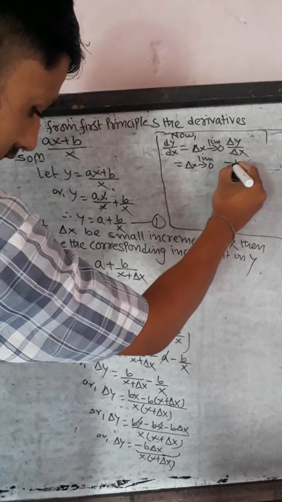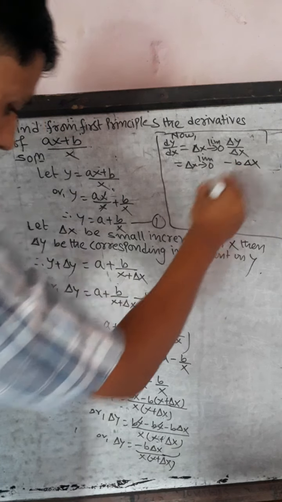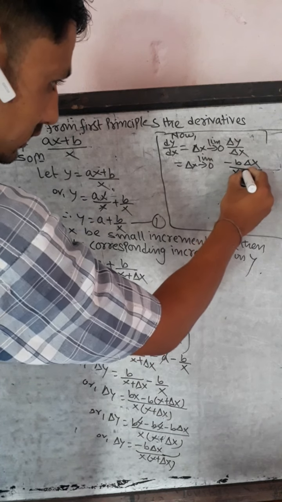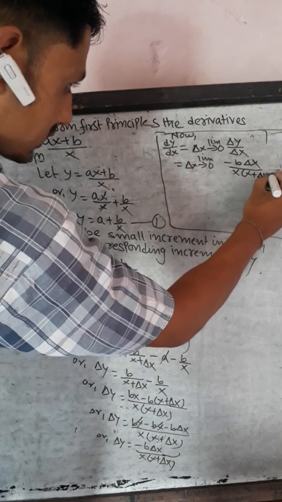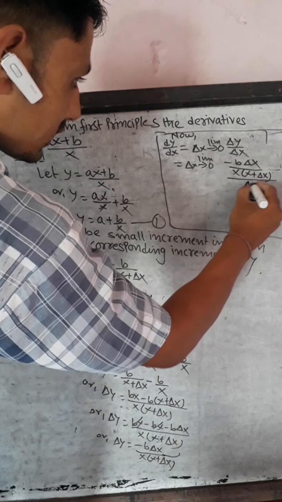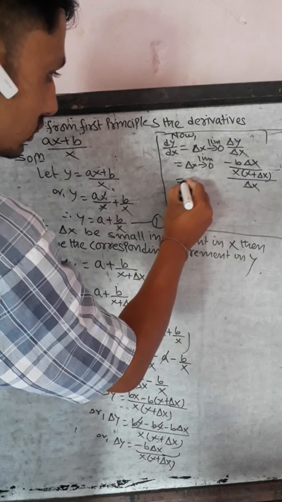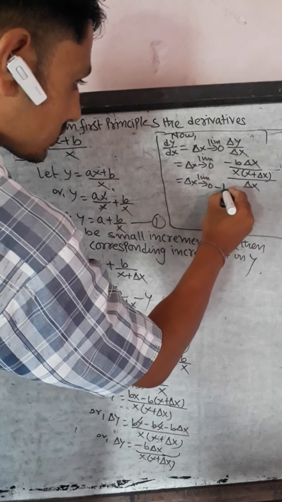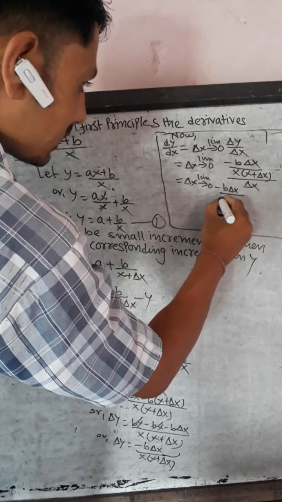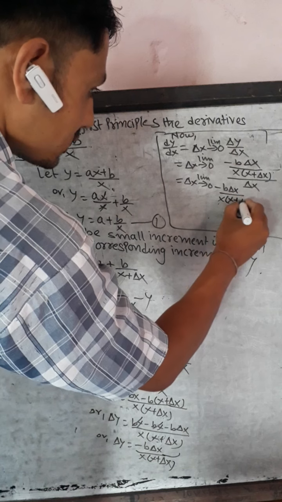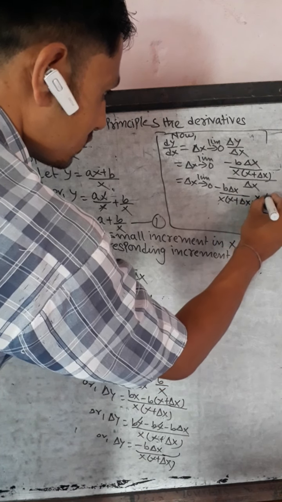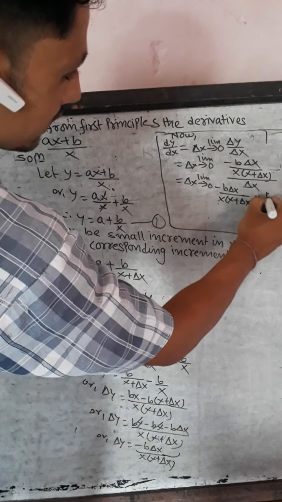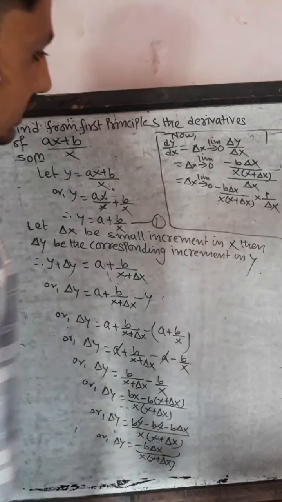Minus b del x divided by x into x plus del x, divided by del x, is equal to minus b del x by x into x plus del x into del x, into 1 by del x.